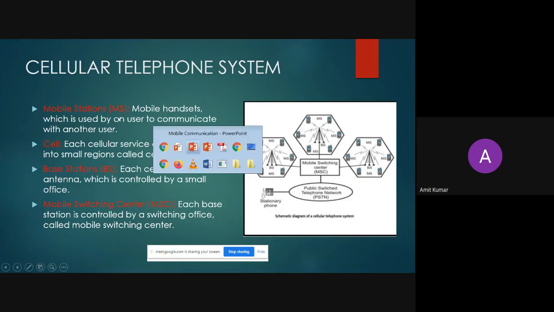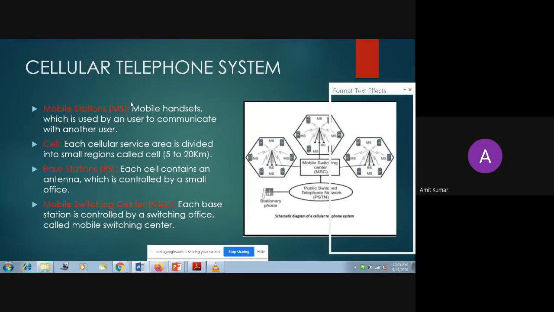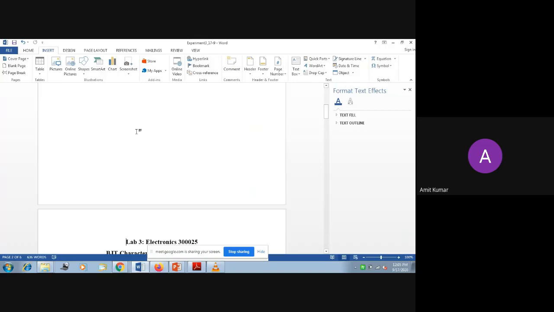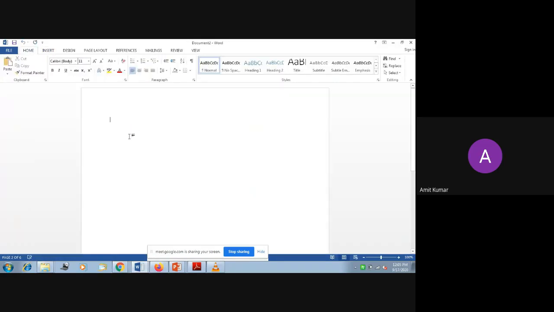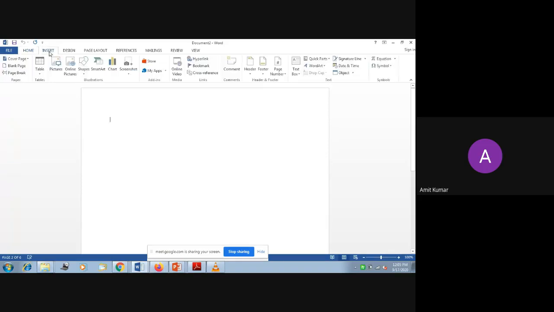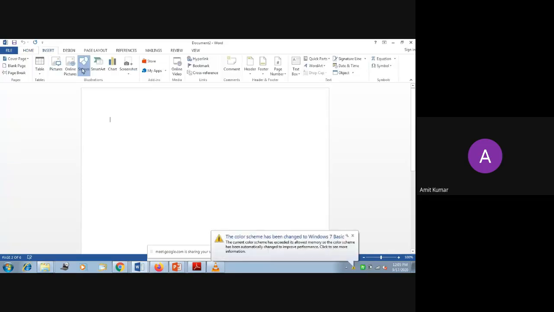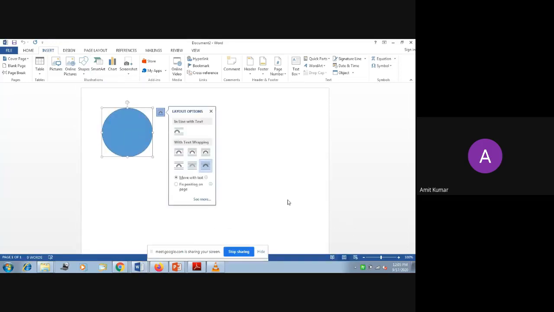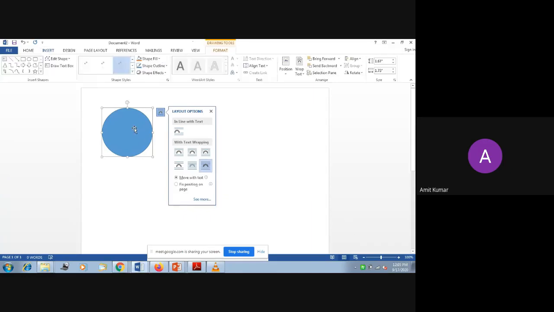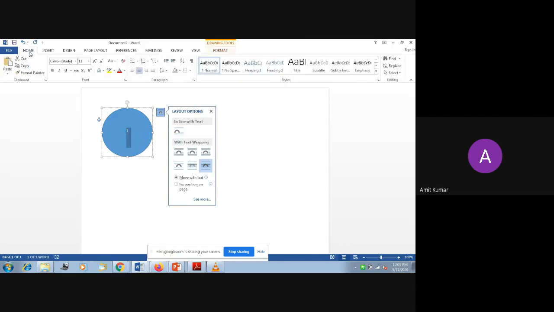Say for example, I am drawing different circles. Say the first antenna is covering this much area.